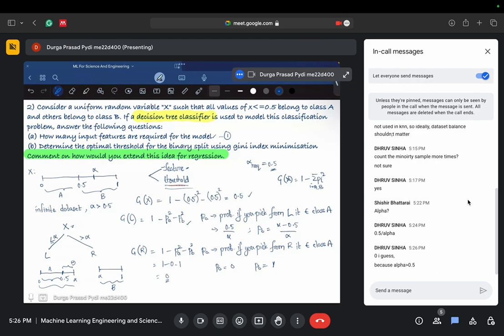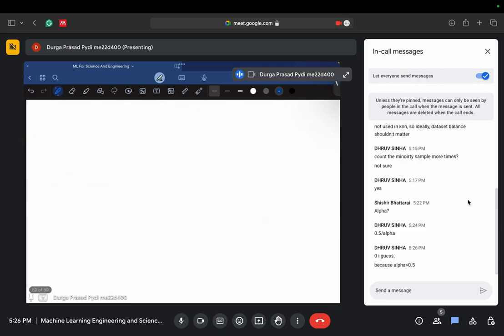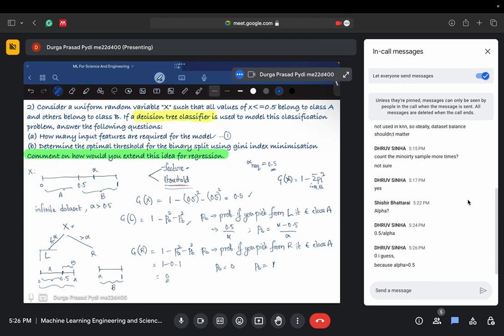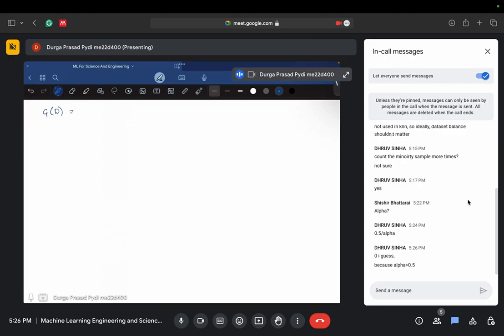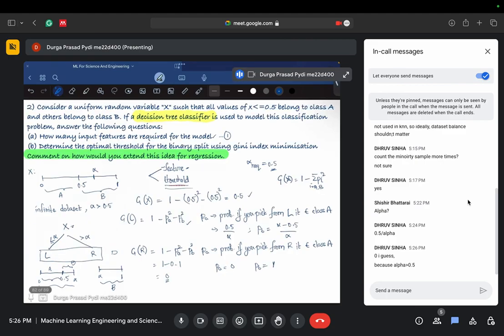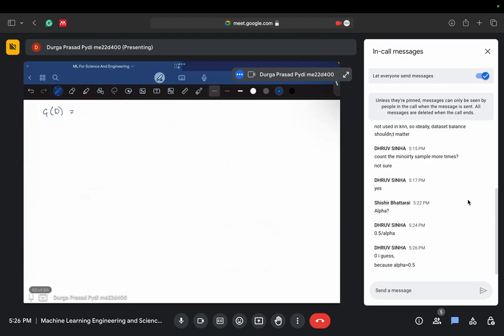So now the question is, how will I decide my optimal split? For that, we calculate the total Gini index for this entire partition, let us call it D. The total value of the Gini index for the D data set is equal to the fraction of L times G of L plus the fraction of R times G of R. This fraction of L is the proportion of data in L compared to the original data set, which is NL by NX.